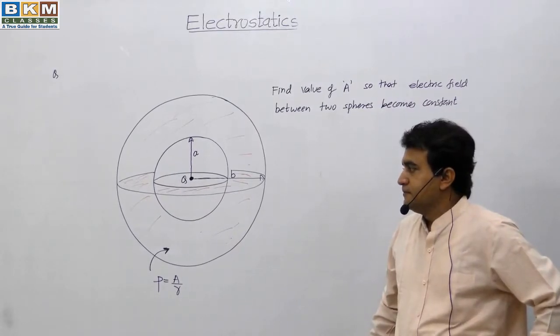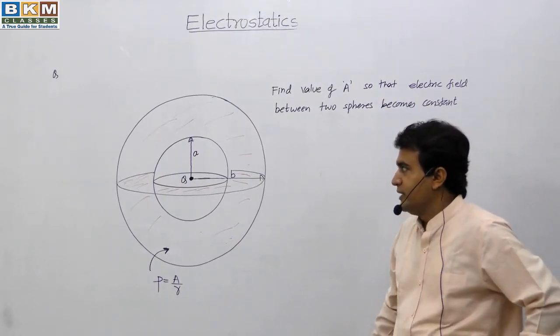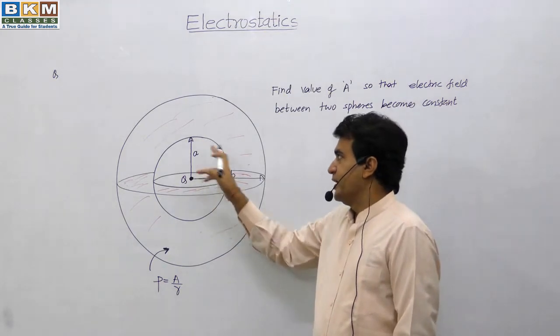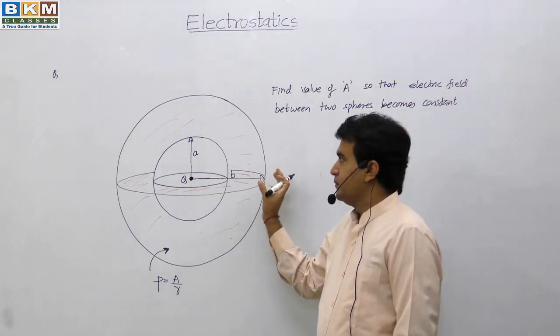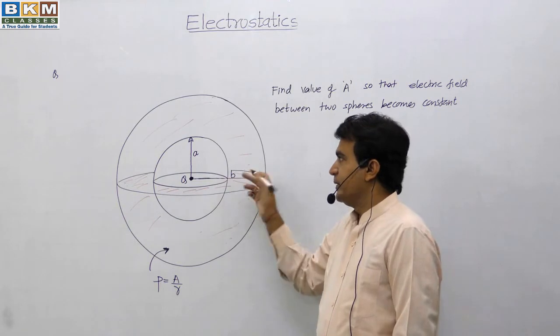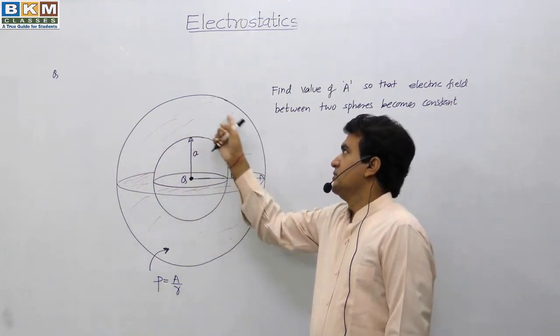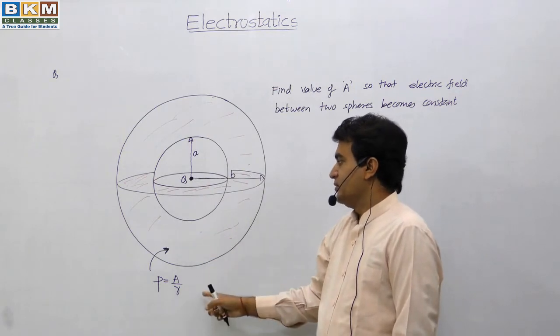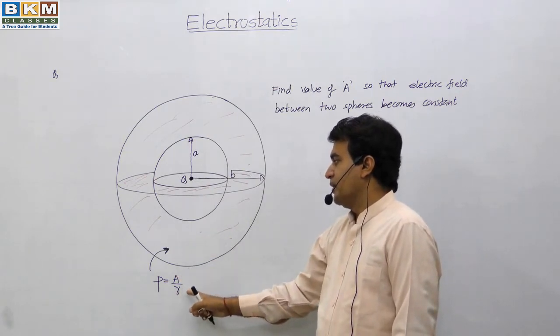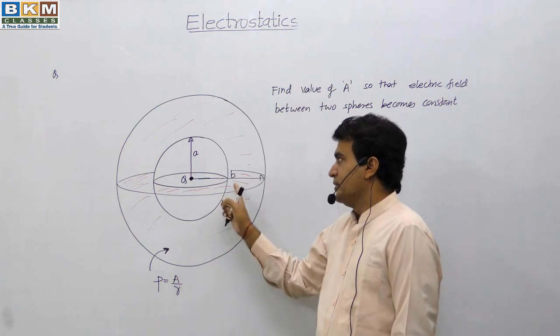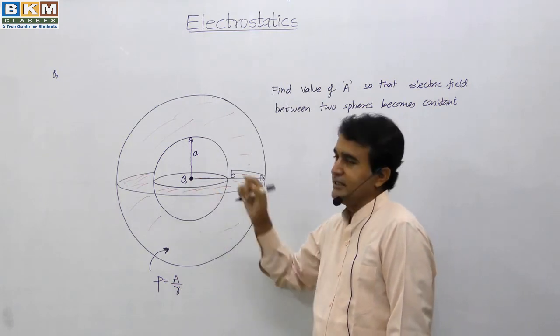In this question, we are given two spherical shells of radius a and b, and in between them charged particles are filled such that we have density rho equal to A by r, and there is a point charge Q kept at the center.